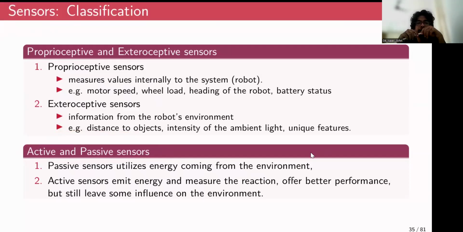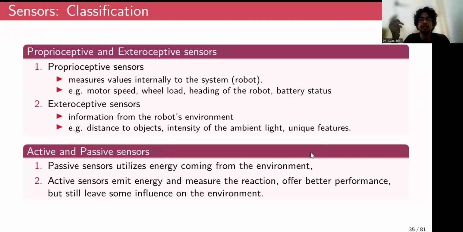Right. So in case of a proprioceptive sensor, these are sensors that measure values internal to the system. For example, if the sensor is measuring something like motor speed, vehicle load, heading of the robot, battery status, such sensors are called proprioceptive sensors.